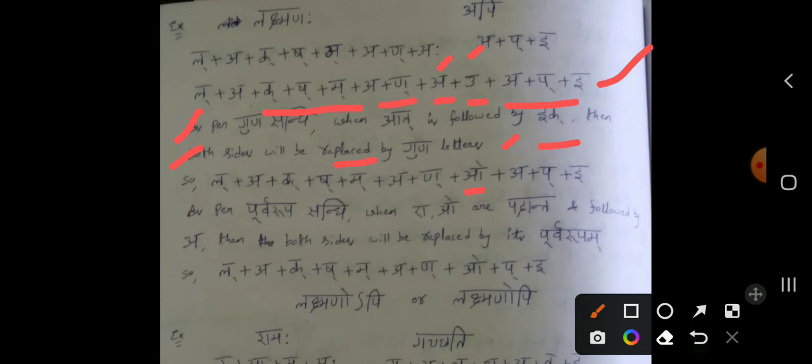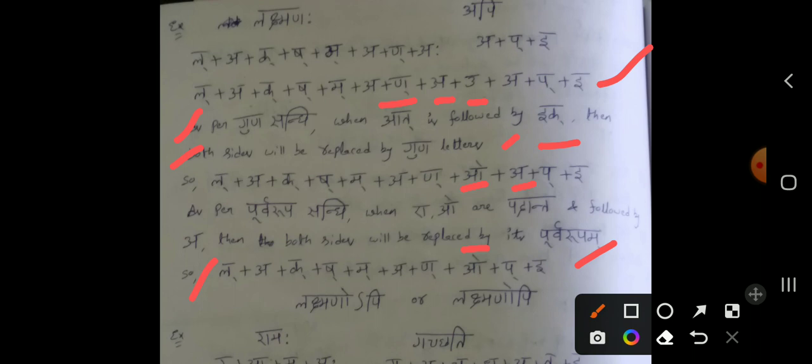I'll remove everything. This O plus A becomes O, and all the other letters remain as they are on both sides. So finally we got this form. Now another rule won't apply here, because it won't satisfy any other rule now.